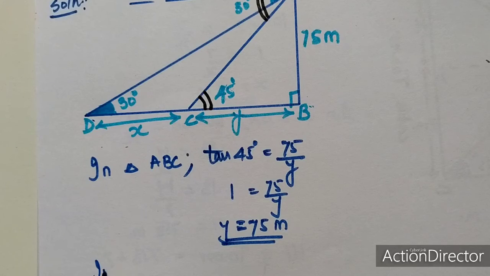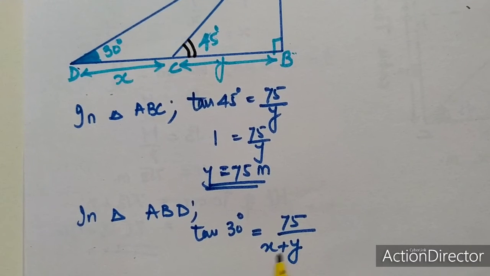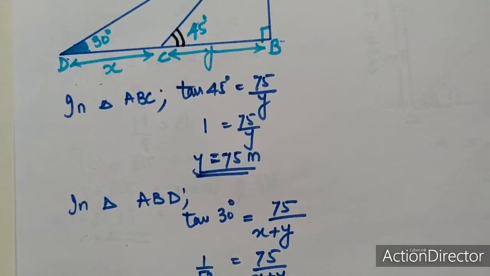So here we have to write in triangle ABD tan 30 degree is equals to 75 upon x plus y. Okay. Tan 30 is 1 upon root 3. 75 as it is. X plus y as it is. Do the cross multiplication.